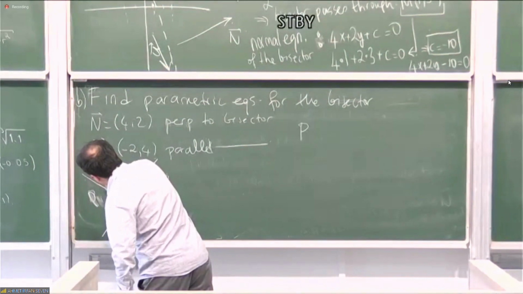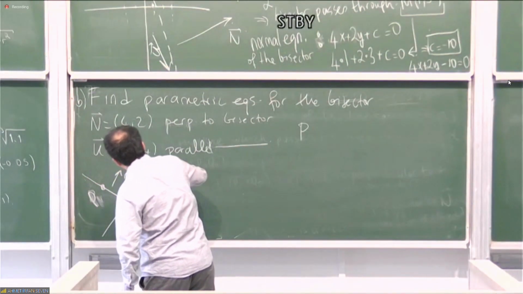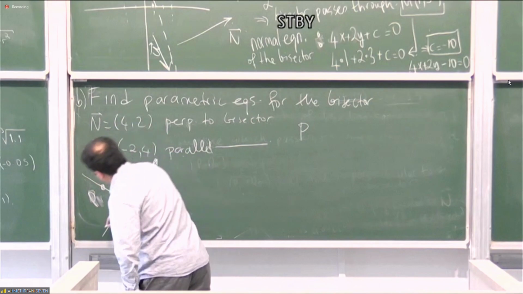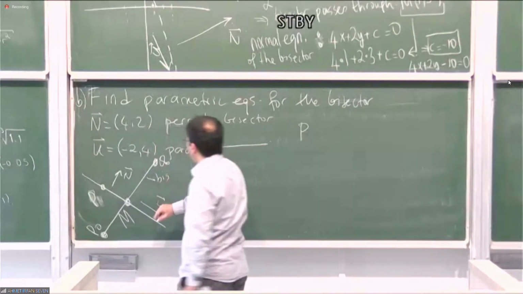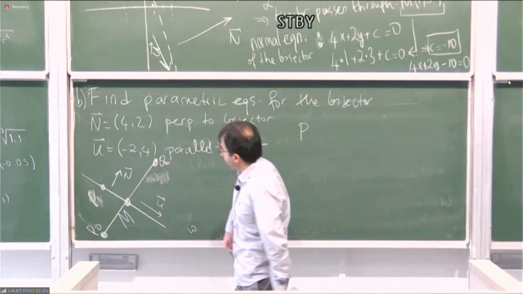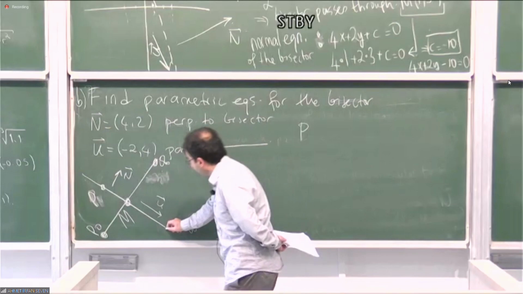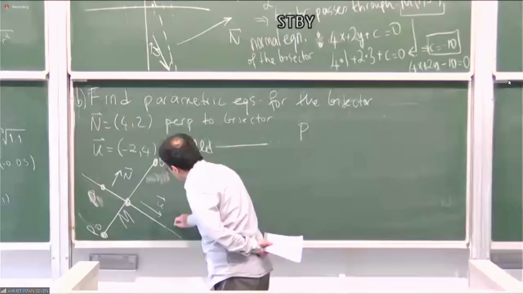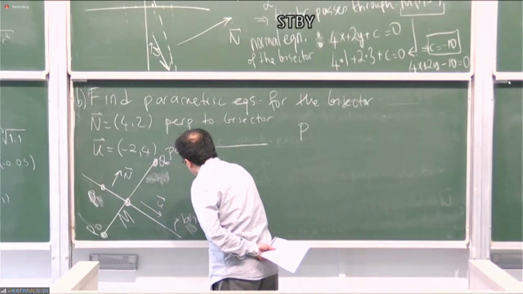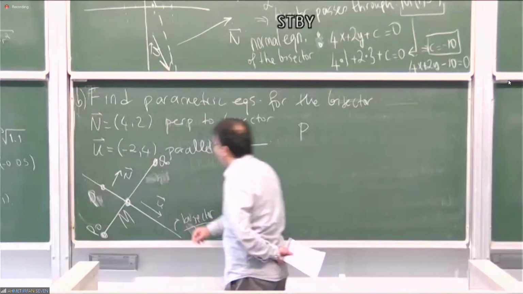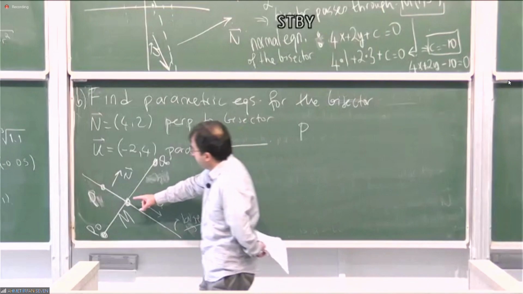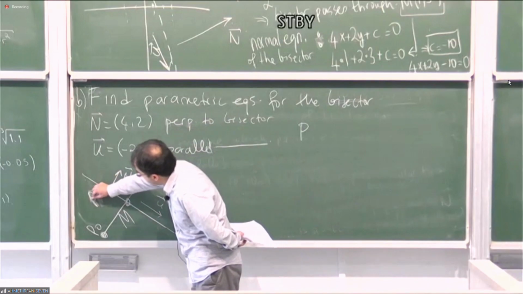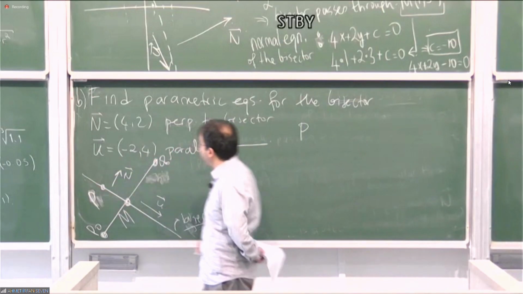What I want to say is this is a typical point P on the bisector. P0 is here, Q0 is here, and then we have this bisector, which is this line. It passes through M with direction vector u, and I have this typical point P on it.